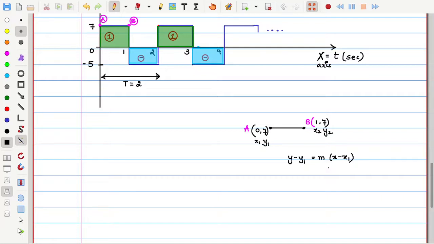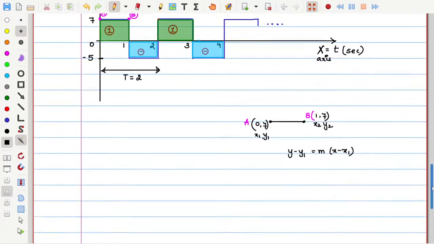Try to observe: y means voltage, x means time. Now tell me how much will be this line equation. What is y here? V of t.